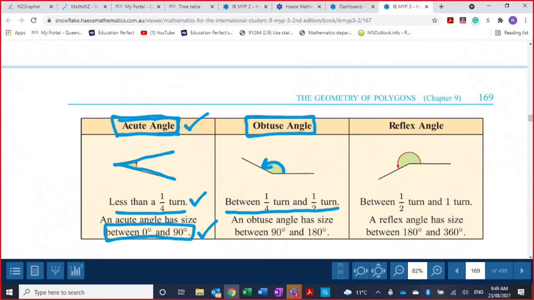So that one's between 1/4 and 1/2 of a turn, and its measure is 90 degrees to 180 degrees. So you see these are all referring back to those special measurements: 90 degrees, 180 degrees, 360 degrees.